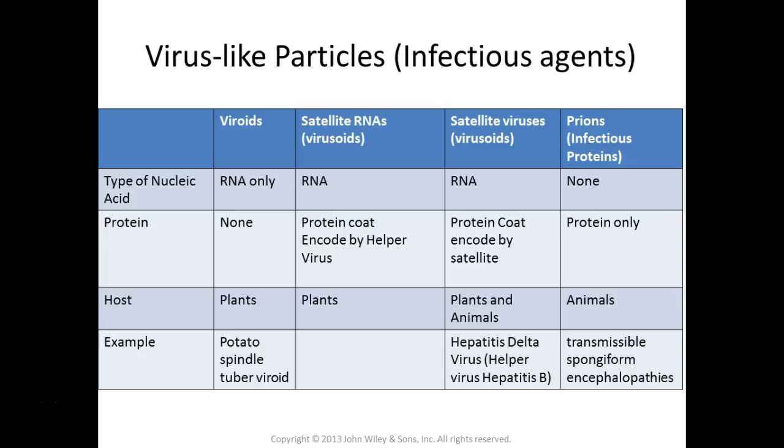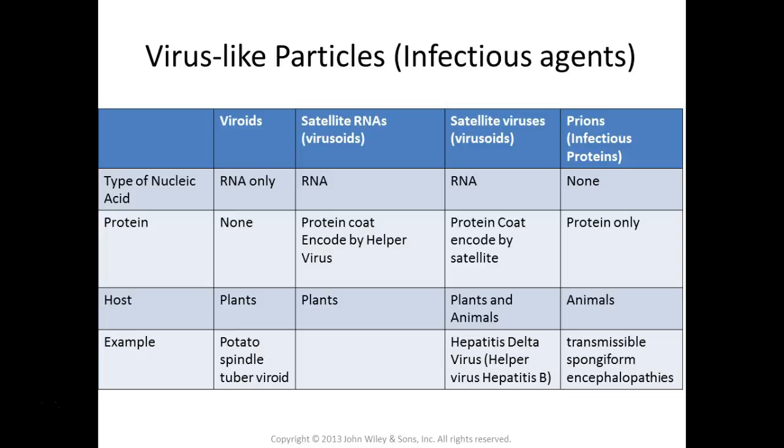And in general, these are a group of proteins that cause what are collectively referred to as transmissible spongiform encephalopathies. Encephalopathy refers to the brain, right? Spongiform literally means it makes the brain look like it has holes in it.